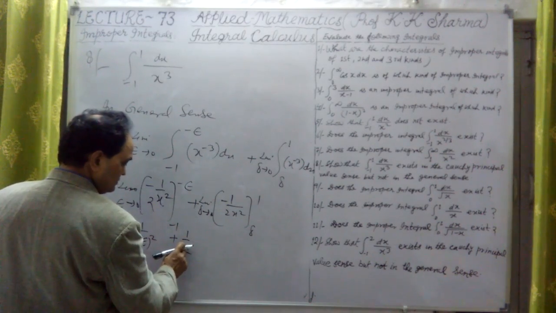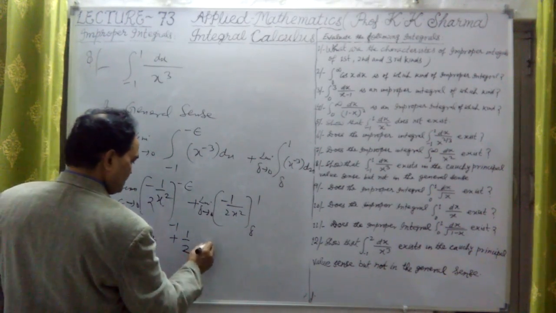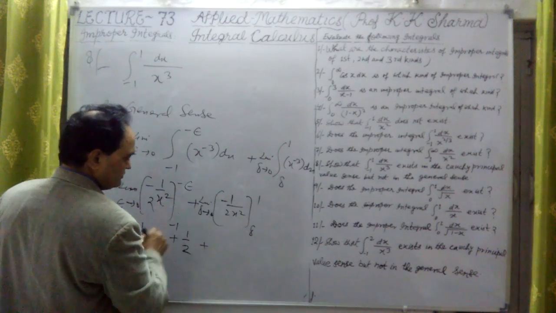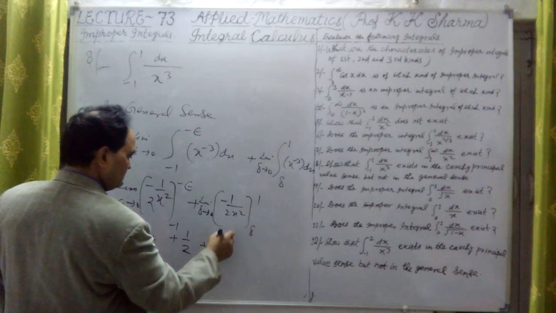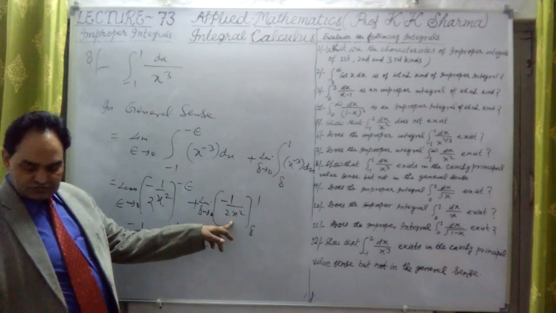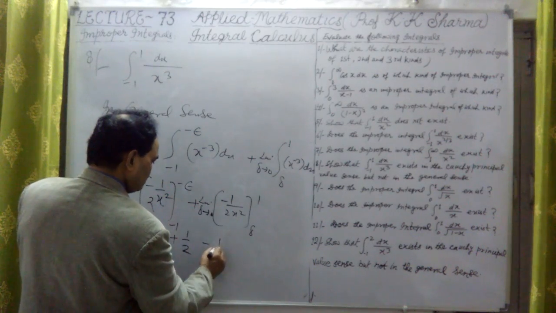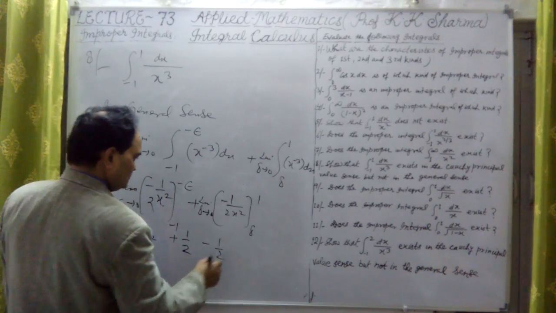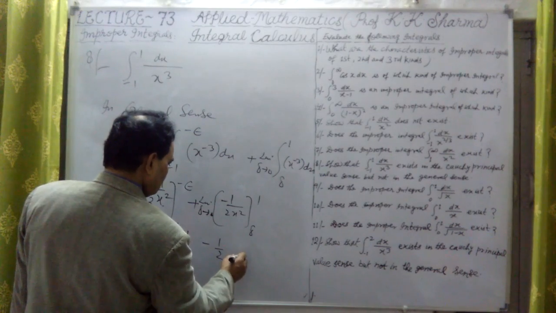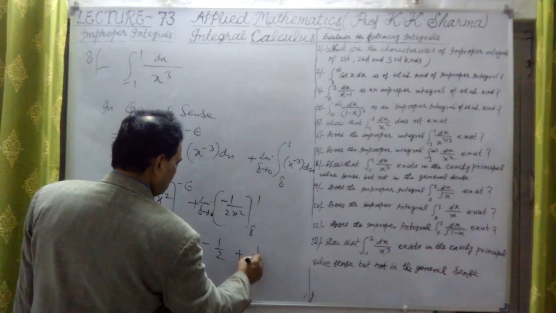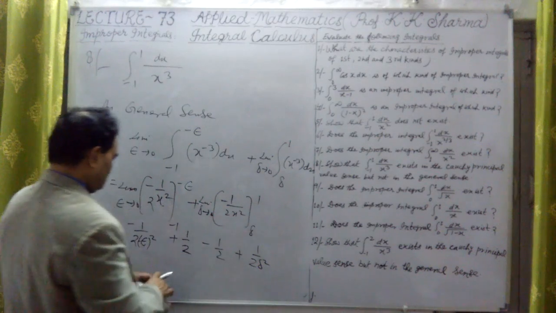So this is 1 upon 2 only. Now what about the other part? The first value will be minus 1 upon 2, then at delta it is minus 1 upon 2 delta square.